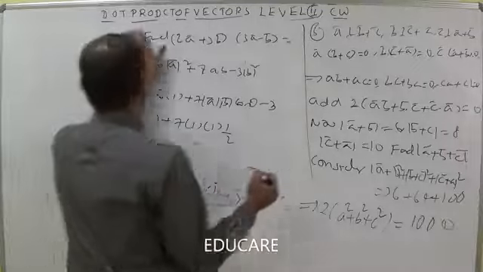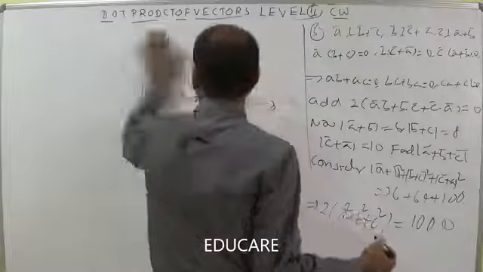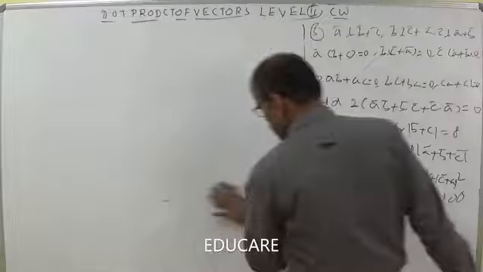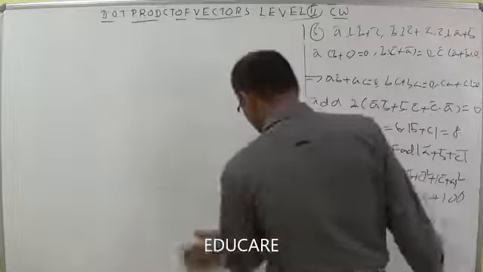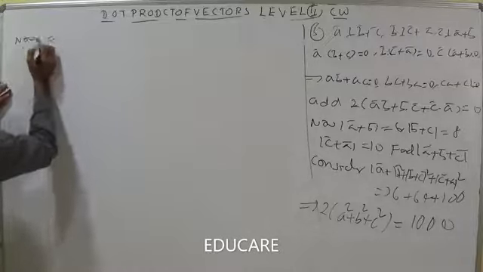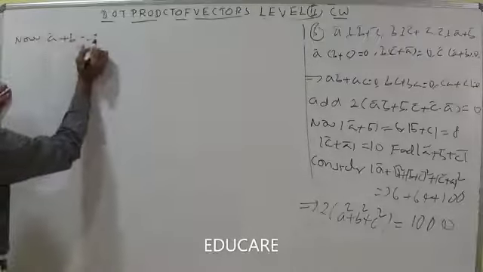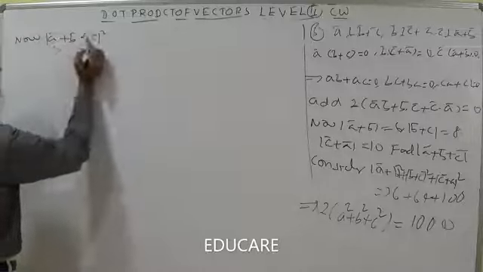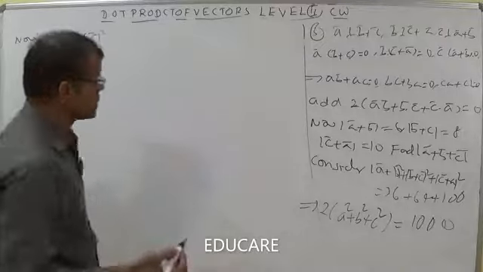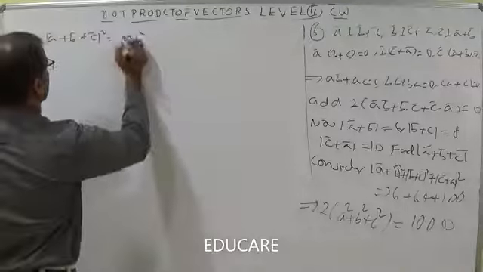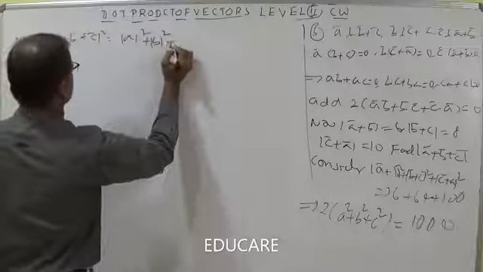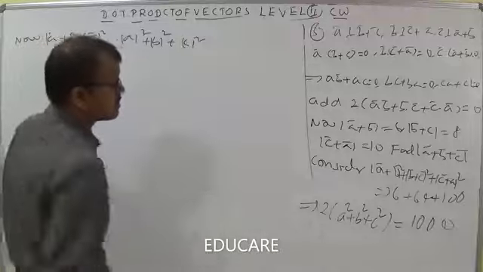Now we should find the magnitude of the vector a bar + b bar + c bar. Now we should consider the vector whole square of a bar + b bar + c bar. What is the formula of (a bar + b bar + c bar)²?